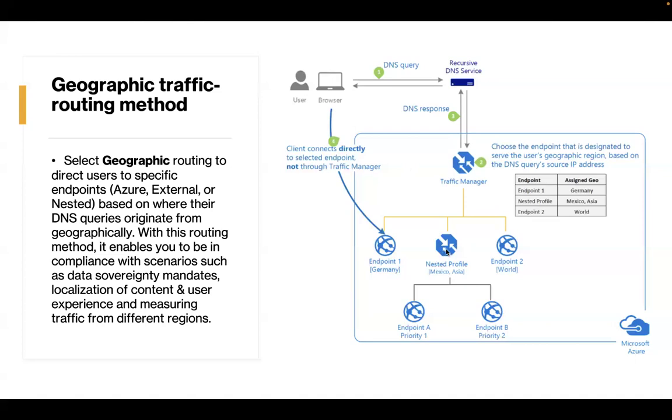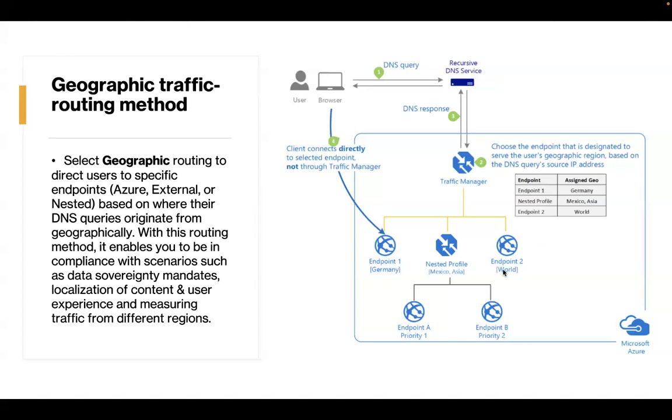But basically this will understand this is from the Asia region. So the request will come here and this gets resolved. Instead of a direct endpoint, it will give the traffic manager URL, and this traffic manager URL again resolves to one of the endpoints.